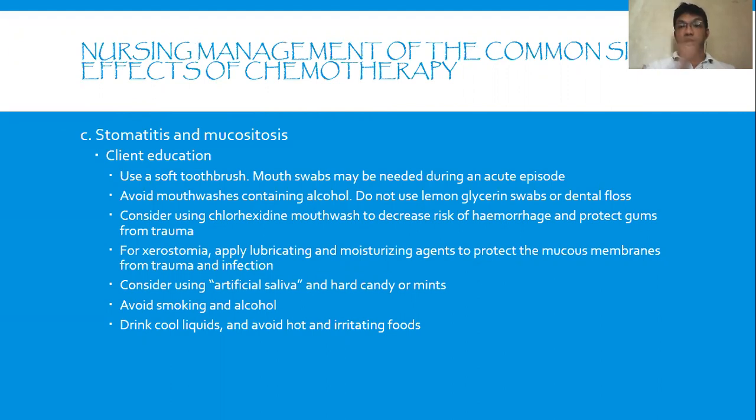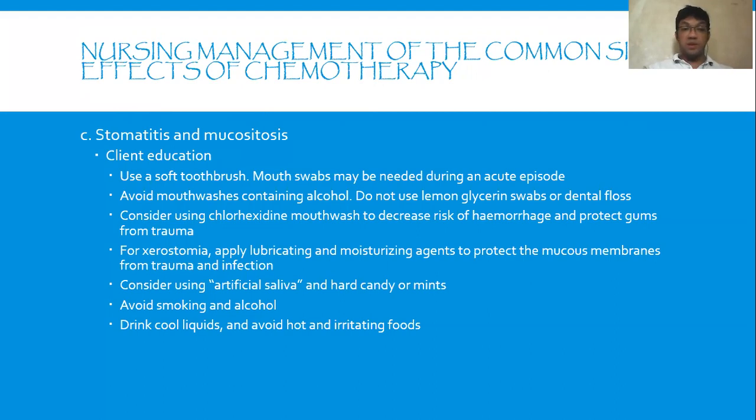So, client education for patients who are experiencing this, singaw, is to use a soft toothbrush. Mouth swabs may be needed during an acute episode because you know how painful that is if you have stomatitis or mucositis. Avoid mouthwashes containing alcohol as well, and do not use lemon glycerin swabs or dental floss because this can further worsen the pain.